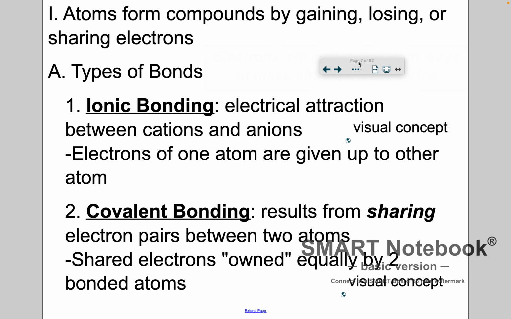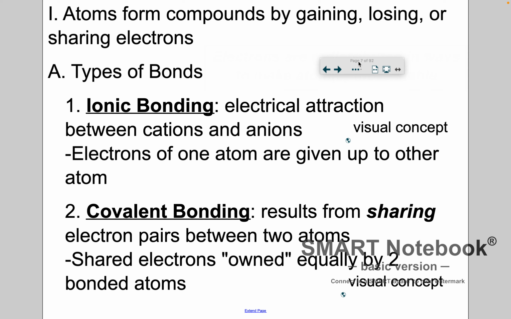So when atoms bind to each other or form bonds with each other, they are either going to gain, lose, or share electrons. This might be a little bit of review from biology or a previous science class, but there are different types of bonds out there, and the ones we're really going to focus on first will be covalent.